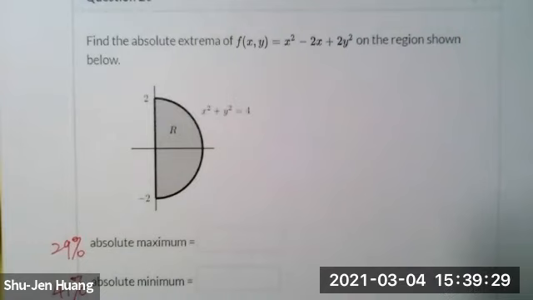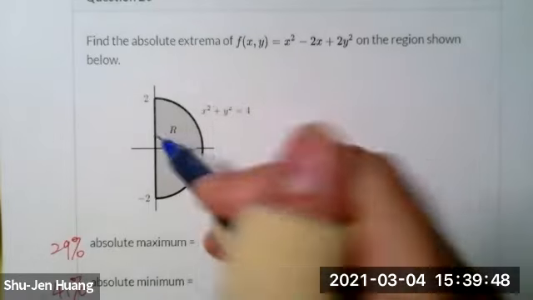For the boundary, before we do the question, can we use the Lagrange multipliers? Why not? The answer is no, but why not? We have a circle, but we also have the little horizontal line.